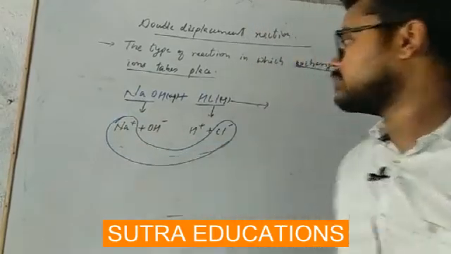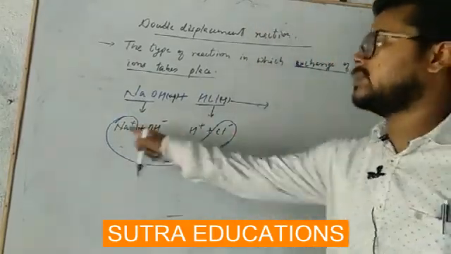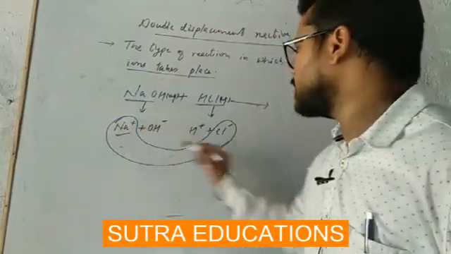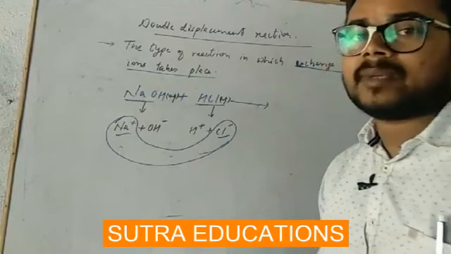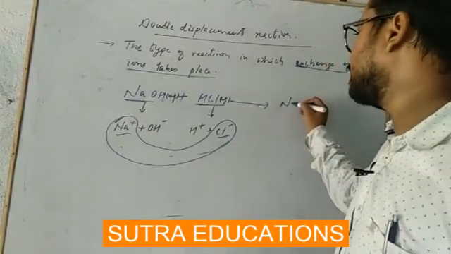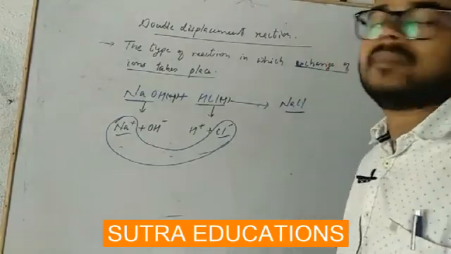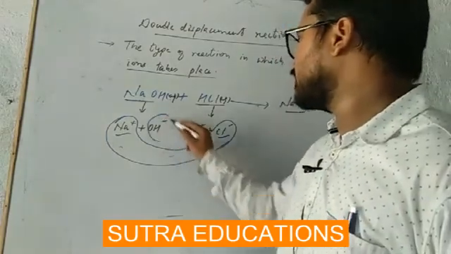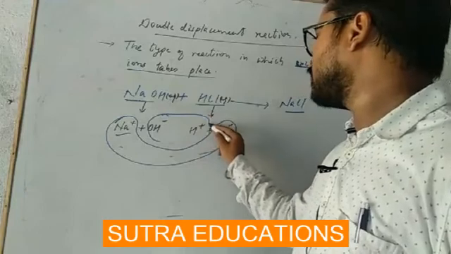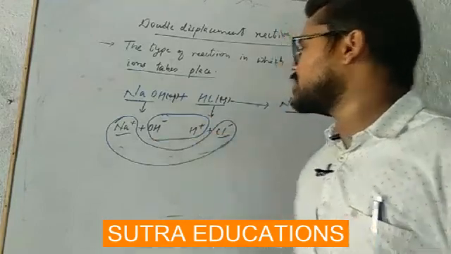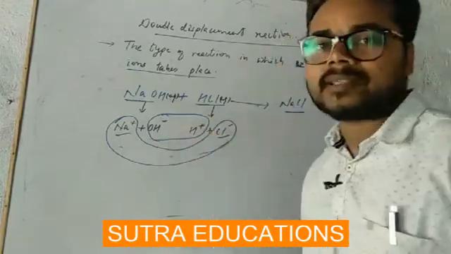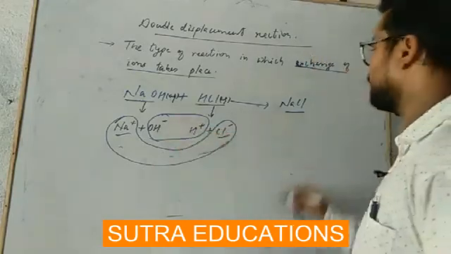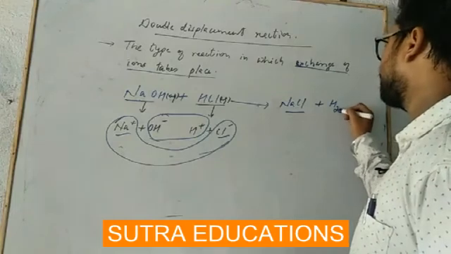Plus and minus, there is attraction, so Na plus gets attracted towards Cl minus and forms NaCl, and this OH minus gets attracted towards H plus, attraction will be there, and it forms H plus OH minus, meaning H2O.